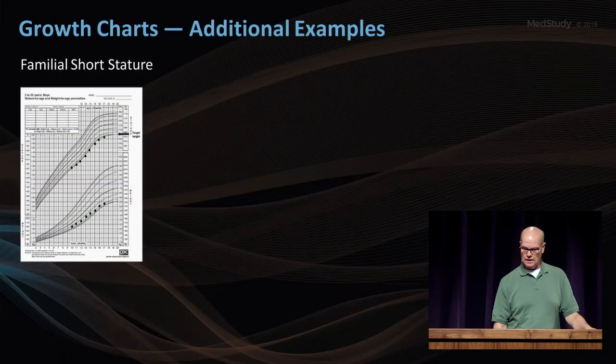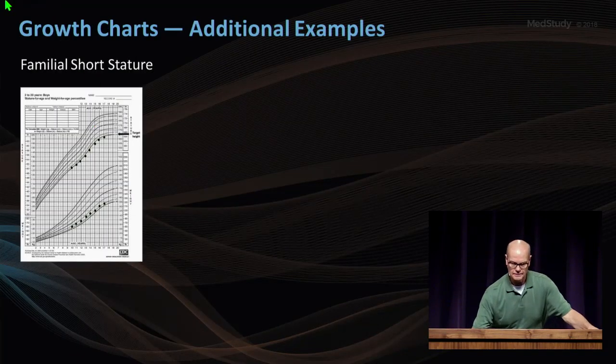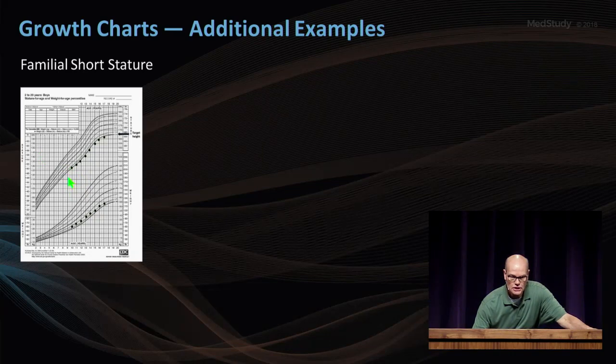All right, so here's the growth charts, and let me just illustrate this. Let's make believe this said constitutional short stature. So here is a 10-year-old who has this height. If you want to figure out his height age, move back until you get to about here, which is 8 years old. That means his current height at 10 is equal to the 50th percentile for an 8-year-old.